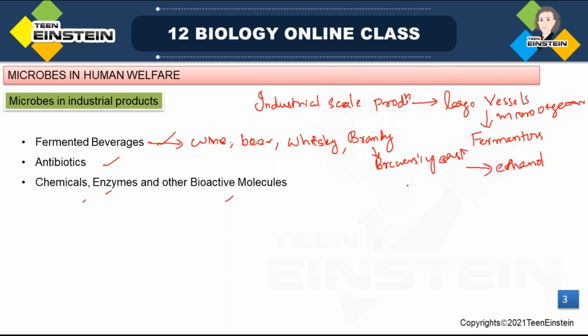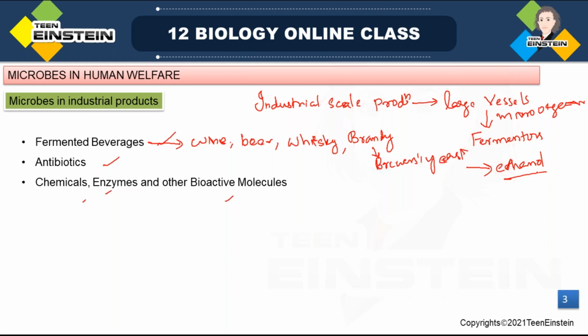With the help of which one? Saccharomyces cerevisiae, which is used in bakery as baker's yeast in bread production. The same thing is used here. That is also called brewer's yeast. And ethanol is the end product. So molasses is the main substrate for ethanol production. Got it?